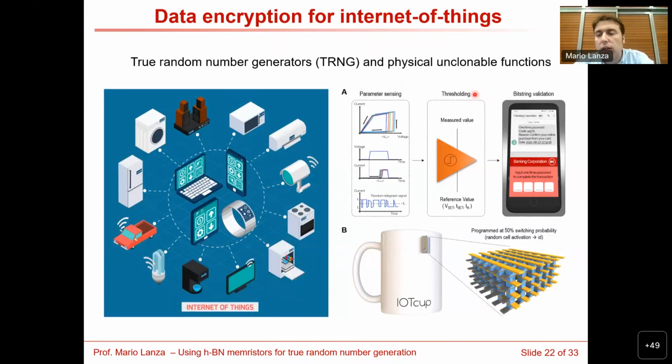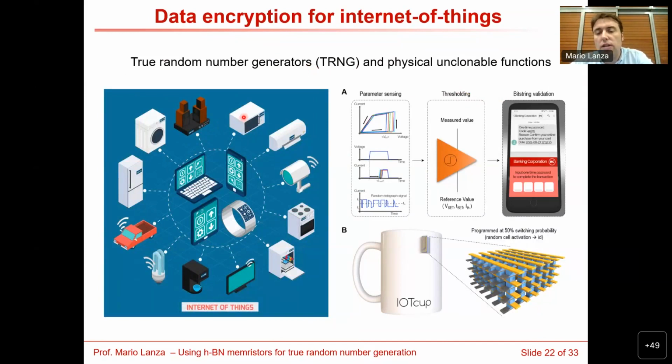So actually, the true random number generators made of memristors consume low power, and they are suitable especially for the Internet of Things, because all these devices transmit information, and before transmitting the information, you need to codify it using true random number generators.